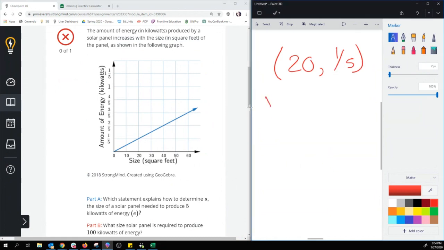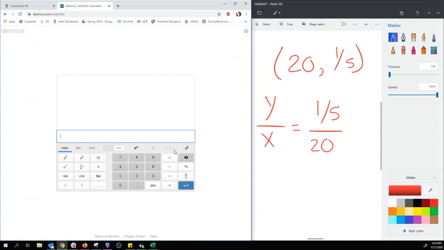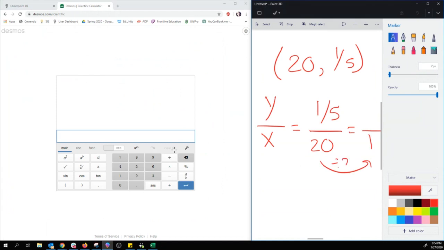And again, we're going to write y over x. And I'm going to have 1/5 over 20. Let me double check something really quick. Perfect. Okay, so it does work. So again, I want to have a 1 in the denominator, right? So I'm going to divide by 20 and divide by 20.